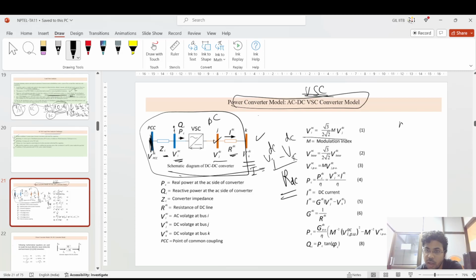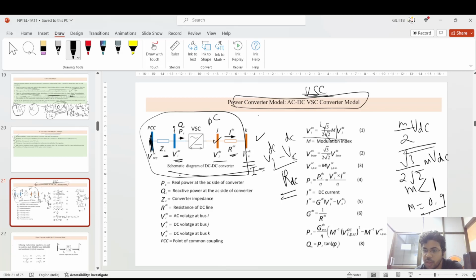So the value of this VIAC, which I have already told you, is M by 2 VDC. Here they have taken it in terms of RMS and also in terms of maximum value, so it is root 3 by 2 root 2 M VDC. M should be less than 1, meaning it can be up to 0.9 modulation index actually.